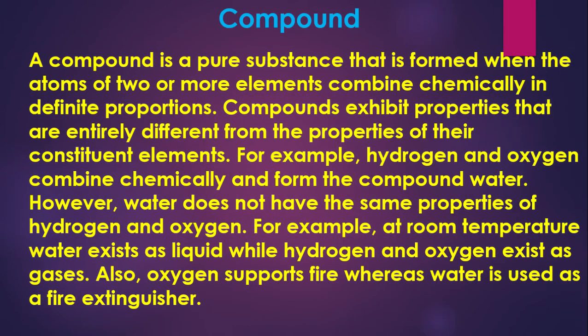Compound. A compound is a pure substance that is formed when atoms of 2 or more elements combine chemically in definite proportion. Compounds exhibit properties that are entirely different from the properties of their constituent elements.